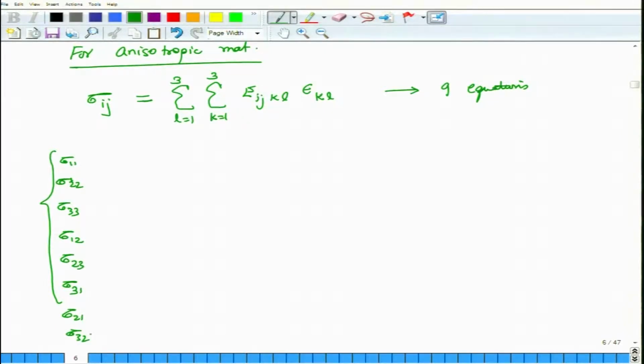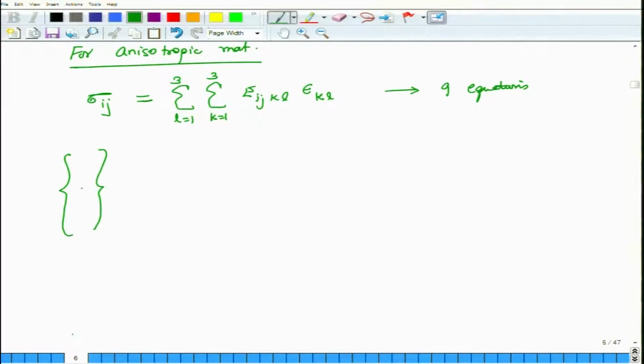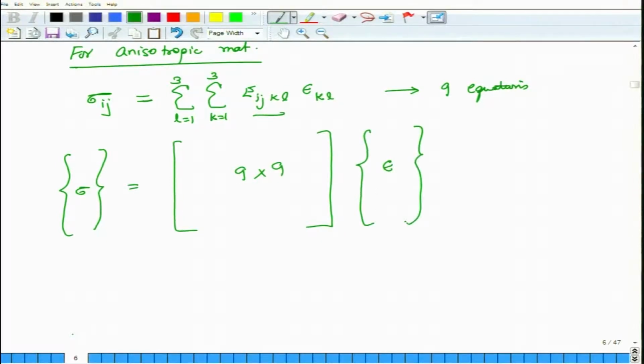So, we will have 9 different equations, and so essentially I will have a matrix for sigma, a vector for sigma, and there will be 9 rows. The E matrix will be a 9 by 9 matrix represented by Eijkl, and this will again be the epsilon vector, which is the strain tensor, a vector for the strain tensor.